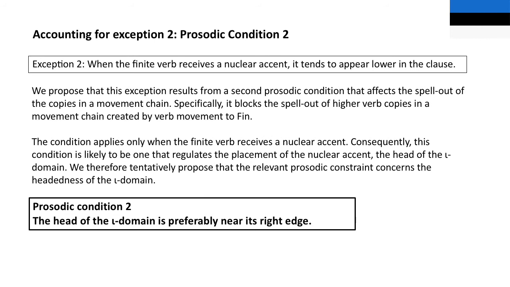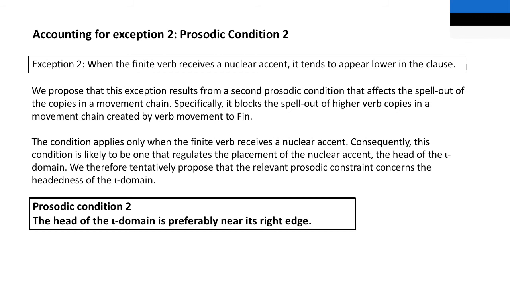This exception concerns the placement of the finite verb. When the finite verb receives a nuclear accent, it tends to appear lower in the clause. We propose that this exception results from a second prosodic condition that also affects the spellout of the copies in a movement chain, created this time by verb movement to Fin.